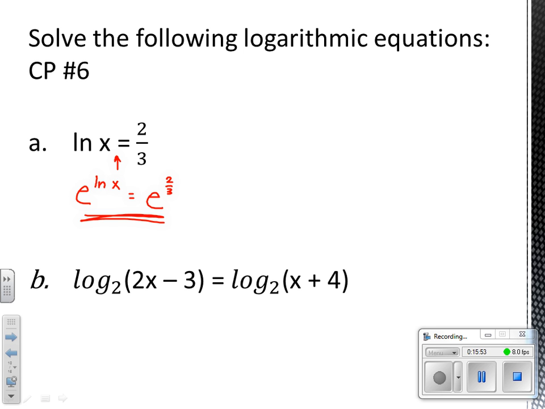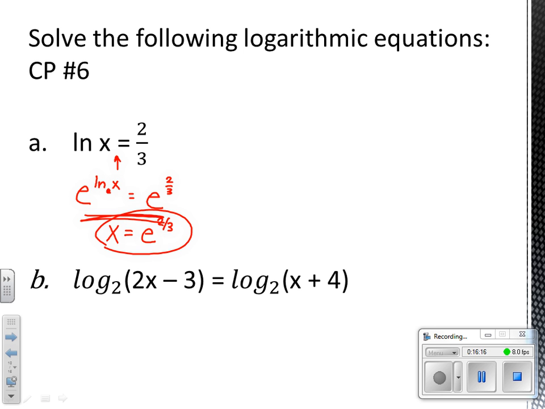Now I can use my inverse property on the left-hand side. If I have e to the ln of x, that value is x. E to the 2/3 can be punched into your calculator with your e button. So for right now, we're just going to leave it here. x equals e to the 2/3.